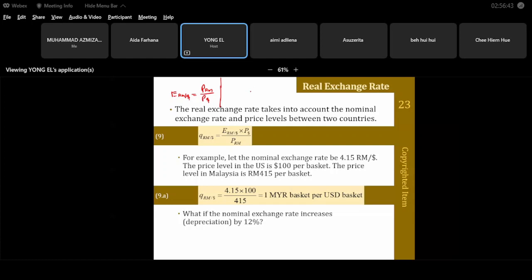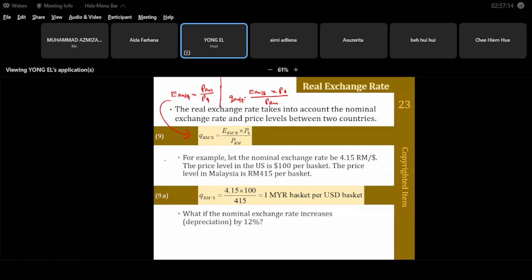For example, the exchange rate times the price in USD, divided by the price in RM. This is our real exchange rate. We use a small letter q to denote the real exchange rate, just like this equation.